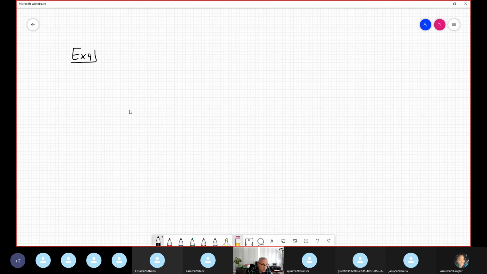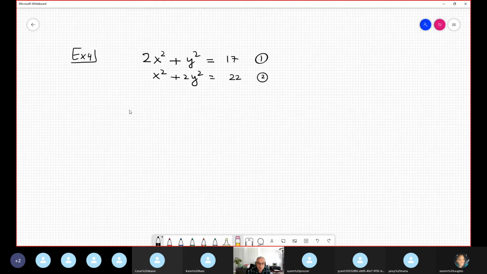Okay, look, it's 2x squared plus 2 plus y squared equal 17. This is my first equation. Now my second equation is x squared plus 2y squared equal 22. Wow, look at that.